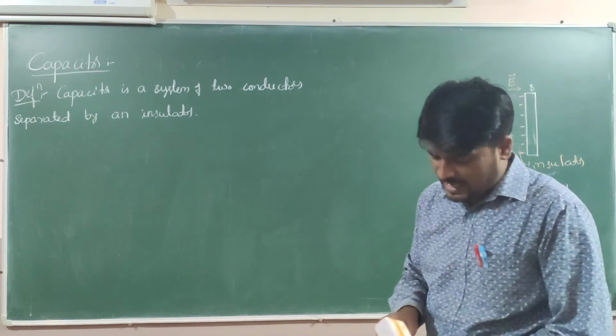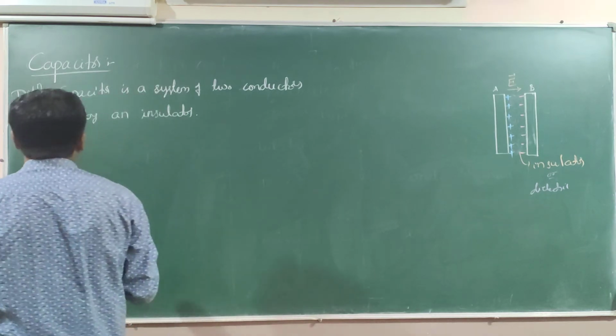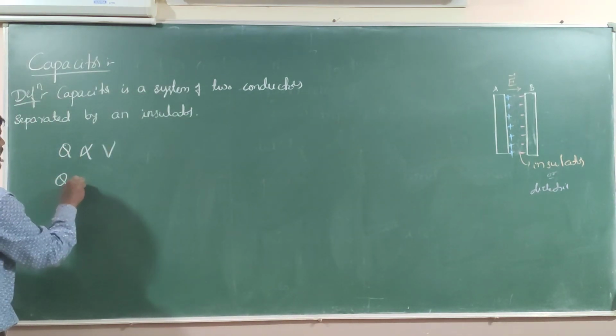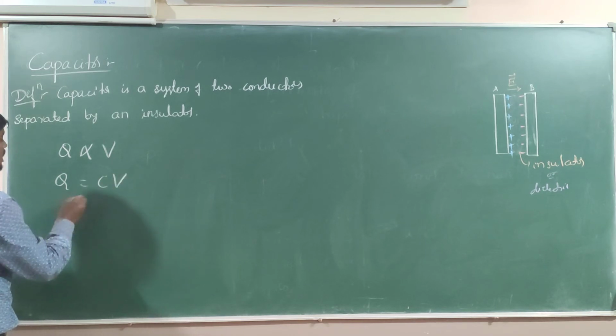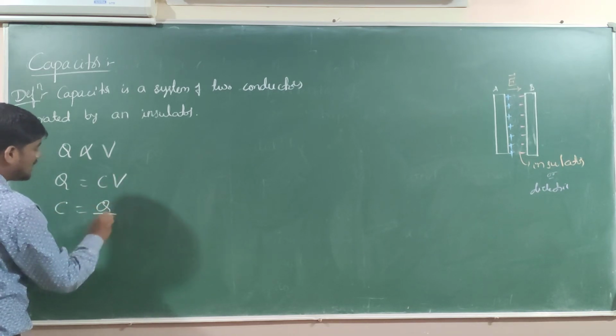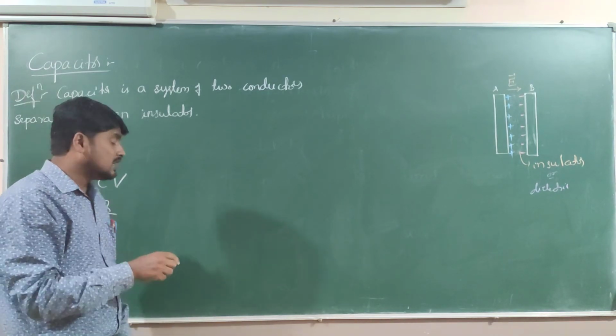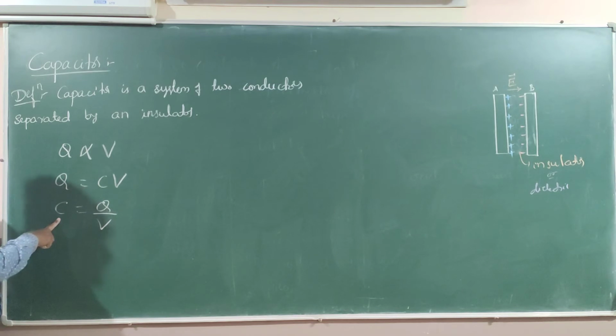After this, as we studied in the previous section, Q is directly proportional to V. If I replace this, it becomes Q equal to CV, so C equals Q by V. There we defined the capacitance of a conductor. Now we are defining the capacitance of a capacitor.